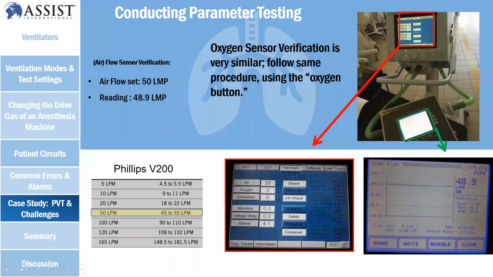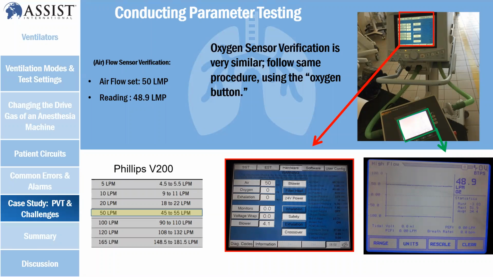So when you conduct the parameter testing, your airflow is set at 50 liter per minute and the reading on the analyzer shows 48.9. So you need to do the low flow until the high flow, and you have to go back to the low flow to verify.